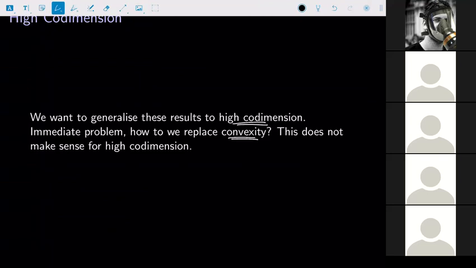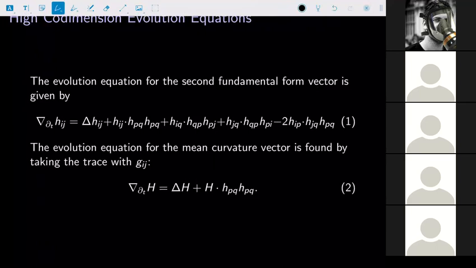So we need to replace this condition somehow for high codimension. This is our first problem, even to reproduce Huisken's original result. To try to understand what's going on, we look at the evolution equations for the second fundamental form.